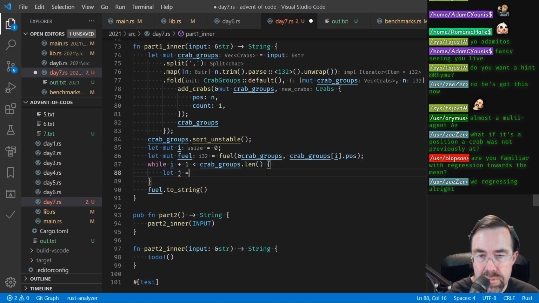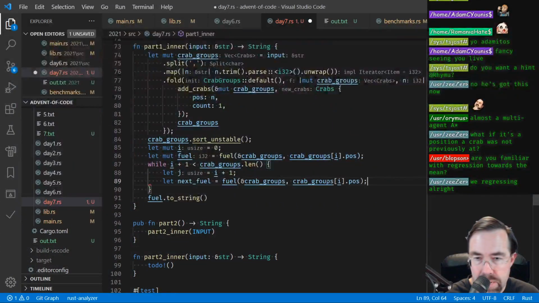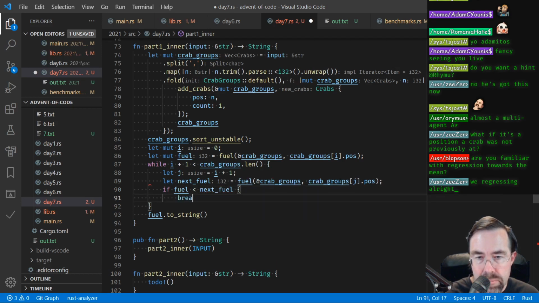It's let j equals i plus 1. Let next fuel equal the fuel of the same group of crabs, but position j instead of i. And then we'll say if fuel is less than next fuel, break.